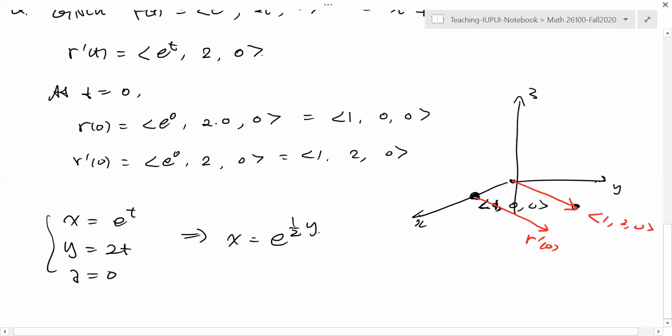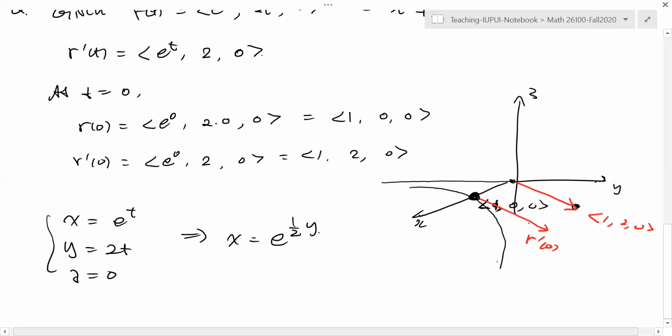So this is a parabola, no, an exponential function, okay? If this is the y-axis, it looks like that, right? It's in the xy plane always, and it's exponential growth, right? So it's passing through that point.